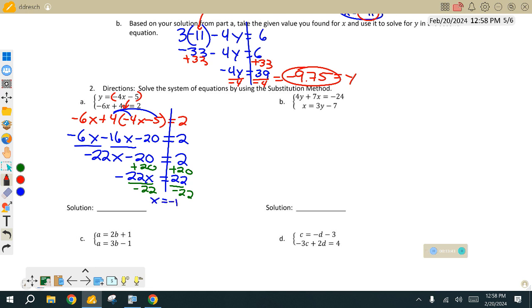Now, here is the one unfortunate thing for today. You have two variables up there. You have x, you got y. You just found what x is. X is what? Negative 1. Just like we did last week, you found the first part. X is negative 1. Go find me the y.